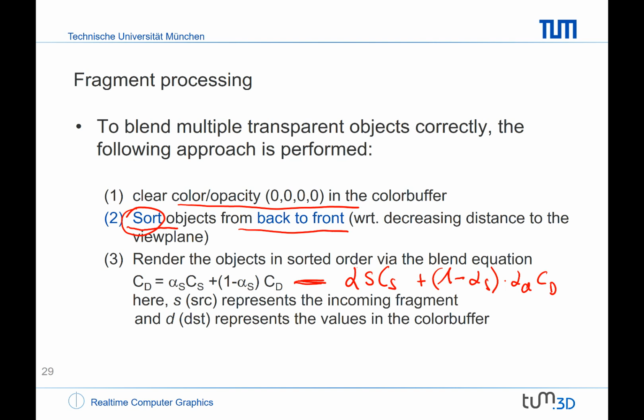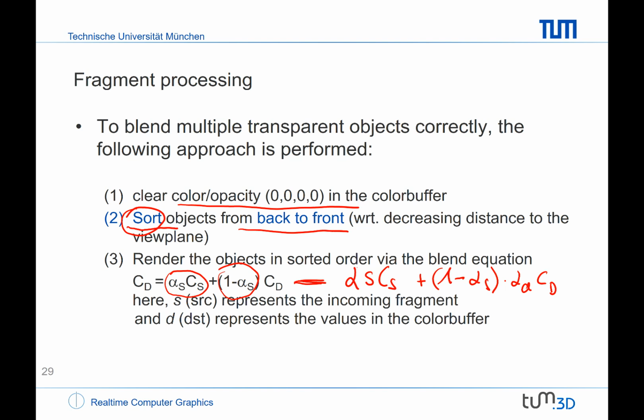So you see, it looks a little different to what we have here, but if we initialize our background with 0 everywhere, then in the first rendering pass, where we render the first object, you've seen what we obtain here. We just have the effective color of the first rendered object plus 1 minus its opacity times whatever is in the color buffer initially, which is 0 in our case.